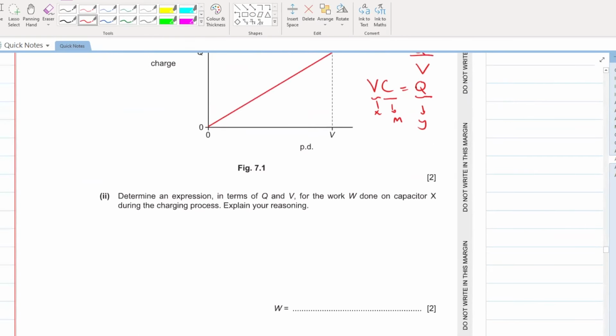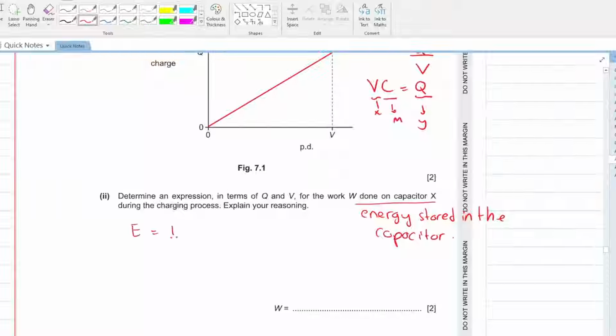Determine an expression in terms of Q and V for the work done on the capacitor X during the charging process. Basically, the examiner is asking for the energy stored in the capacitor. Again, 2 marks for this. This is one of the easiest papers, I think. Energy stored in the capacitor is 1 upon 2 QV.